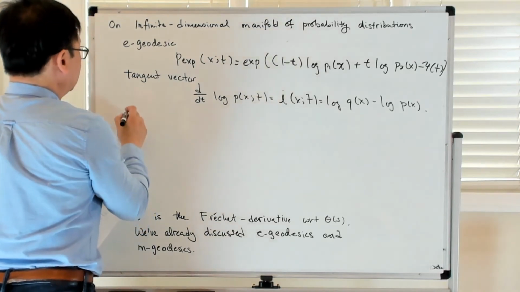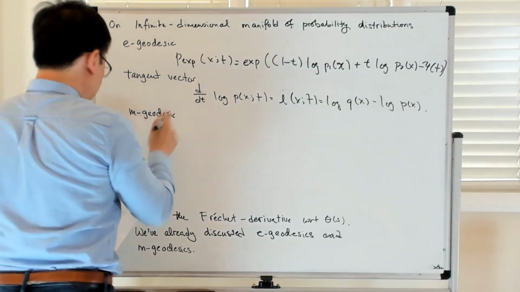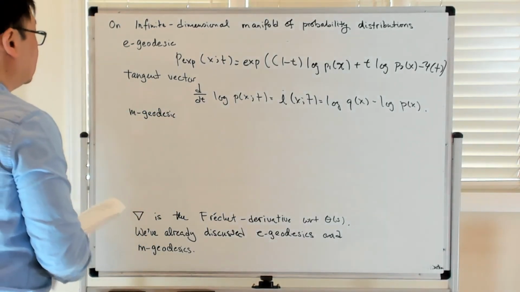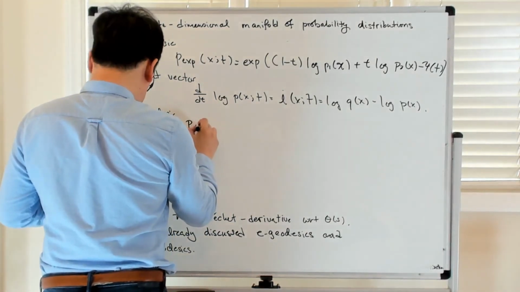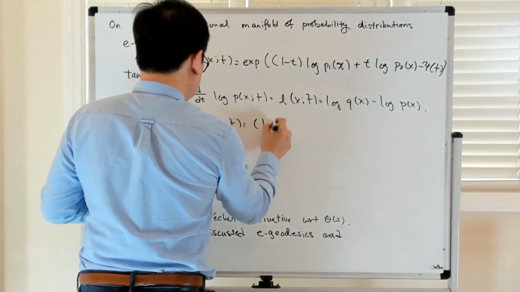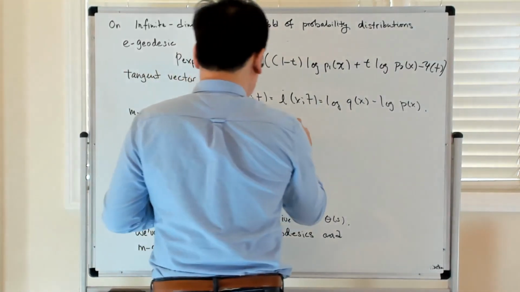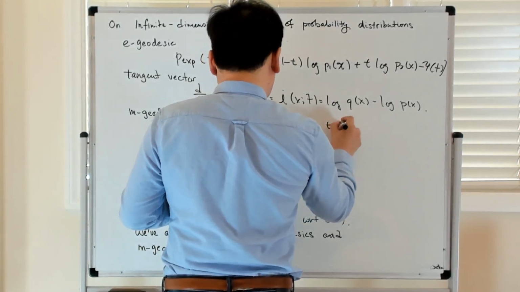Okay, and then the M geodesic. If you call that the mixture, so p mixture of x and t is just this convex combination pointwise of the probability distributions.